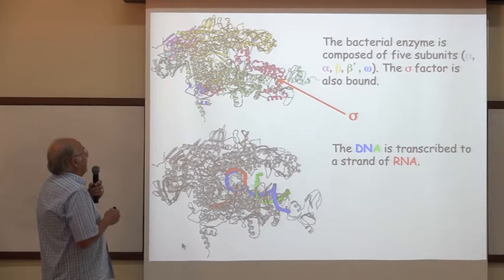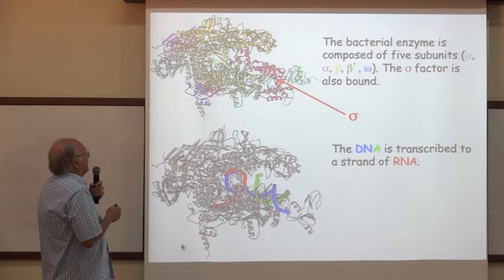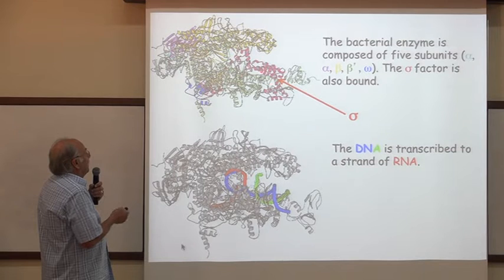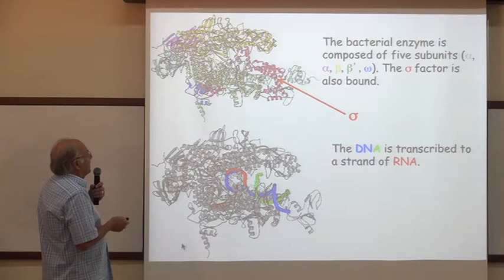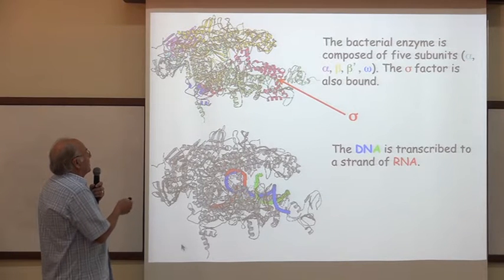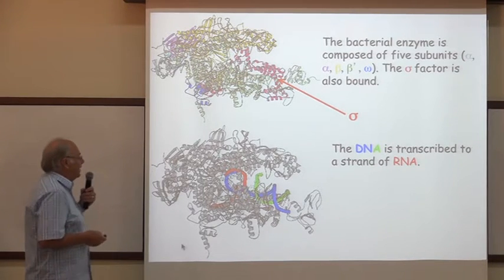So alpha and alpha over here, the beta is in yellow, and the beta prime in green, and the omega in blue. And here is then a transcription factor, sigma, which is sitting over here.